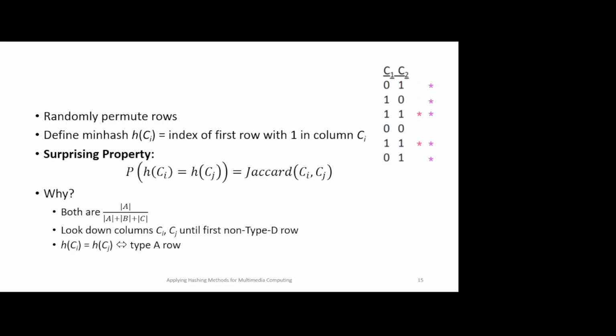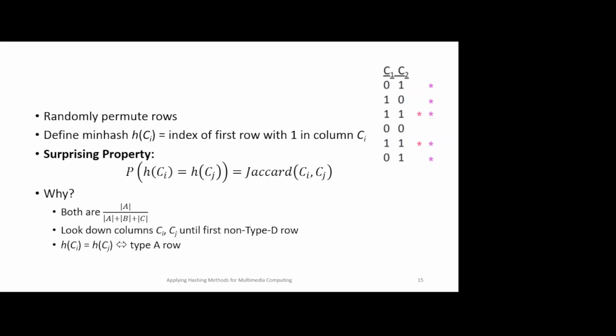You see, for the C1 document, the first row with 1 is the second row, right? So its min-hash will be 2. And for the C2 document, its first row with 1 is the first row, right? So its min-hash value will be 1. Okay, it's very simple, right? So it's called a min-hash.